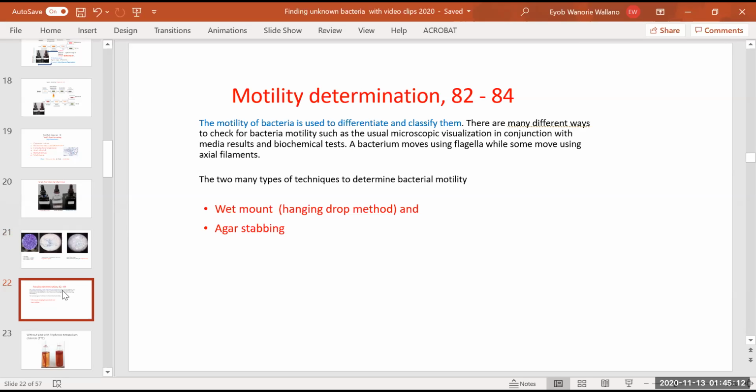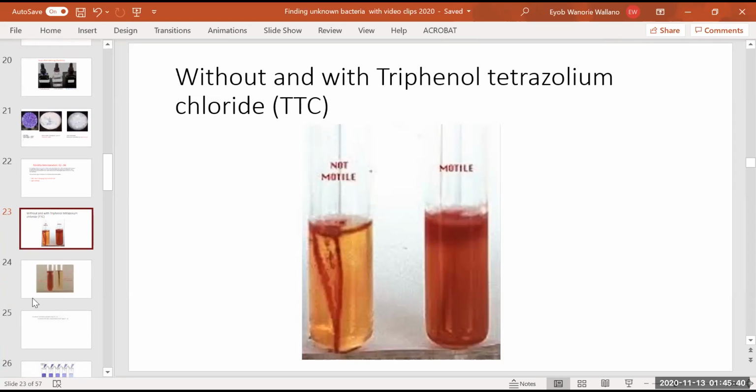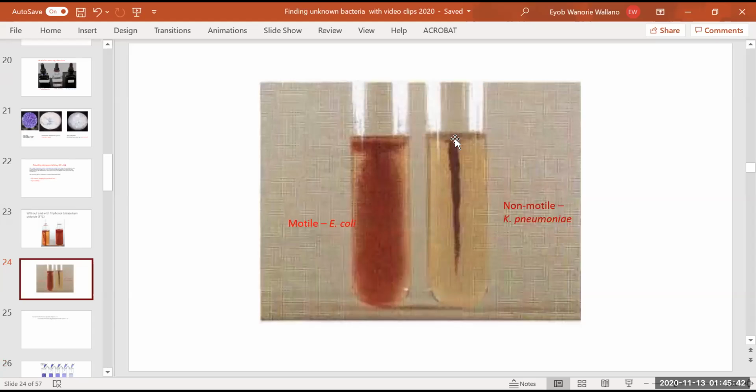Okay, motility we discussed already. According to the Burgess manual, we need to focus on the agar stabbing method. This is semi-solid media. It is not solid media, semi-solid media. By stabbing, you are going to see the diffusion. Whether triphenyl tetrazolium chloride exists or not, you don't need to worry. But if I give you a multiple choice, this is the perfect one especially.